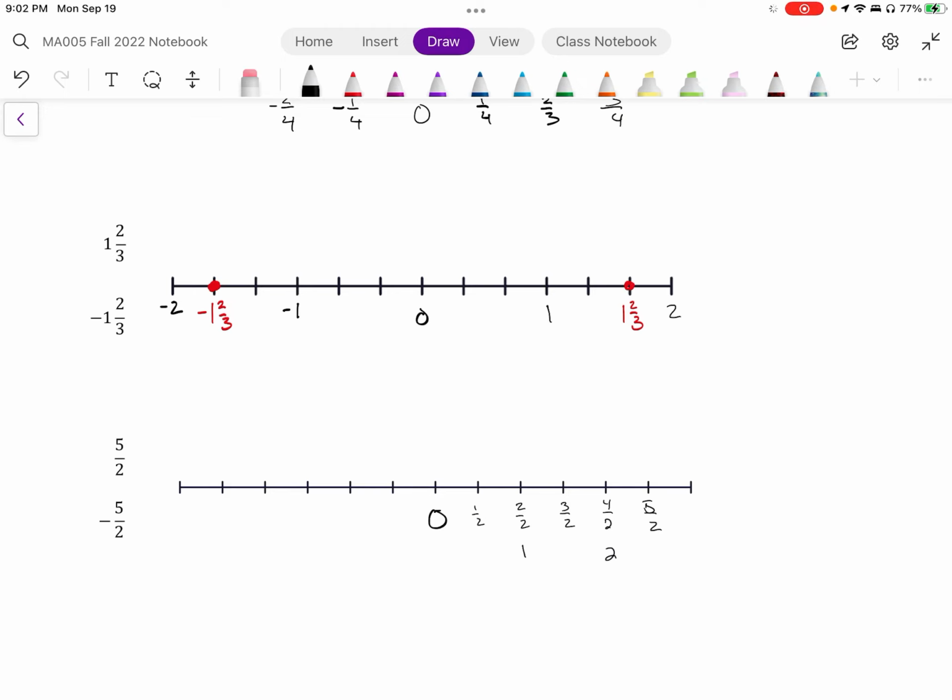Right, we can do the same thing in the other direction, but I'm going to just count 1/2, 2 halves, 3 halves, 4 halves, 5 halves. Okay, I'm not going to even put numbers. So 5 halves in the negative direction is right here, negative 5 halves. All right, and positive 5 halves is right there.